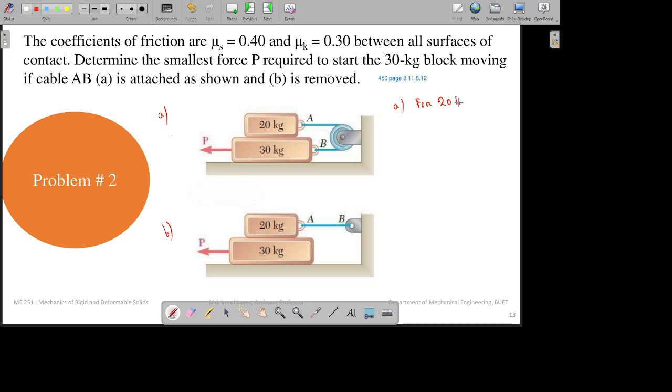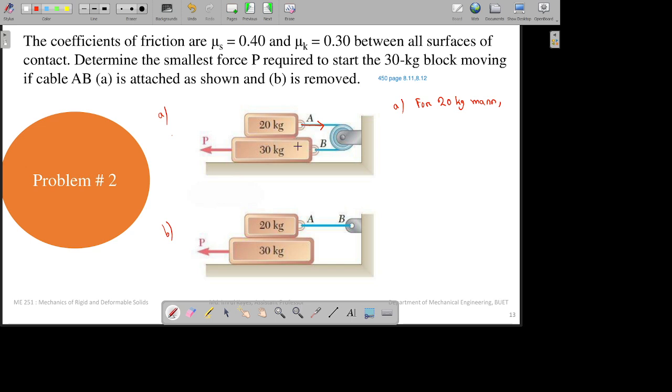For the 20 kg mass, you can see the forces present; the tension force will act in this direction, right, for 20 kg.